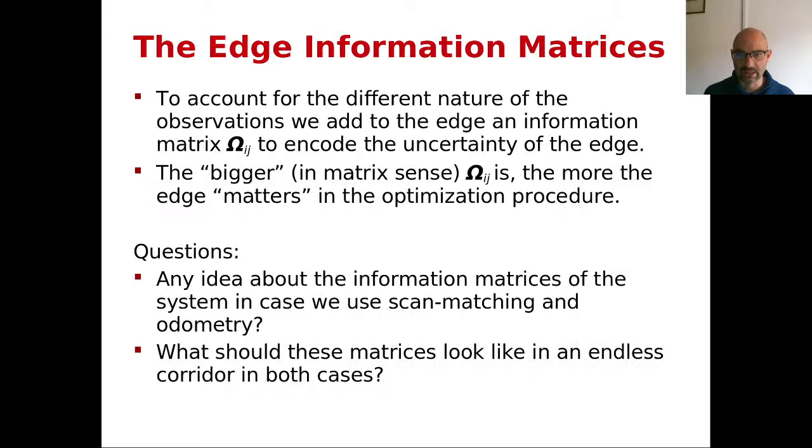But this information matrix omega is quite important because it encodes the certainty or the uncertainty that we have about the measurement along the different directions. And this uncertainty could be used to recover some degrees of freedom that we might have in the registration problem.